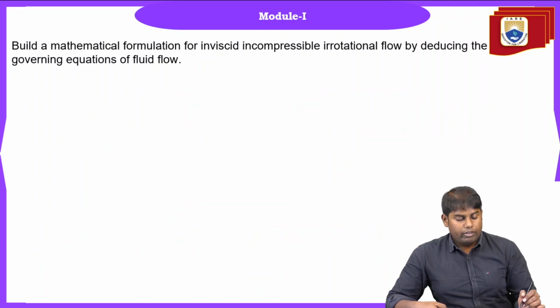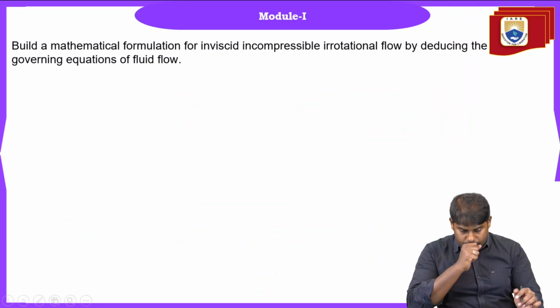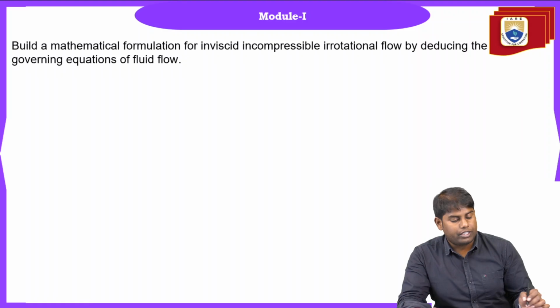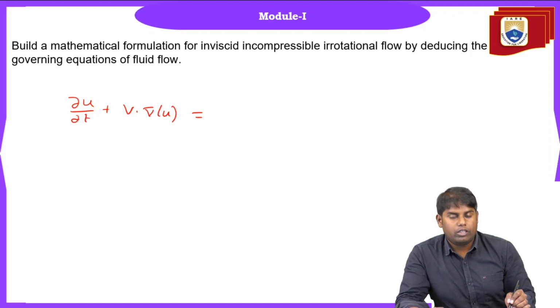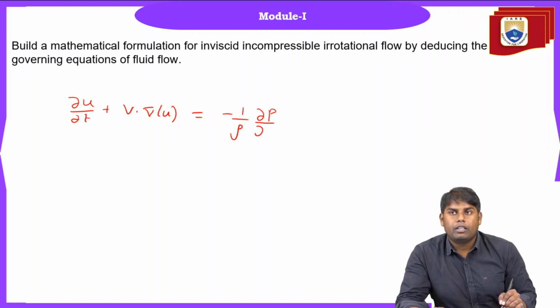Now when we want to see the full form of the equation, in the sense of fully inviscid, incompressible, irrotational flow, the equation changes to dou u by dou t plus v dot del of u is equal to minus 1 by rho dou p by dou x.